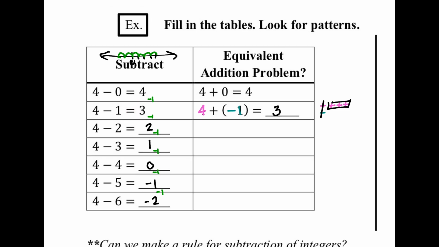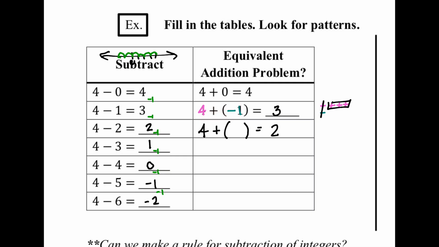Whoops, I keep making it move. I apologize. So 4 plus what's going to go here in order to get a 2 as an answer? I need to get a 2 over here because they're equivalent. So what did we do? We went from a subtract to adding a negative.